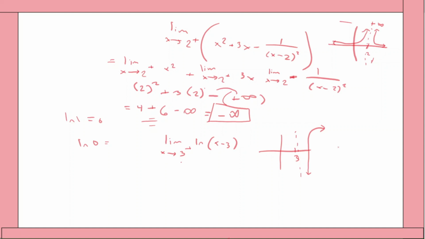But from the right, we would know that it's going to go down to negative infinity, okay? So this would be negative infinity, which means the whole answer to the problem would also be negative infinity as well.